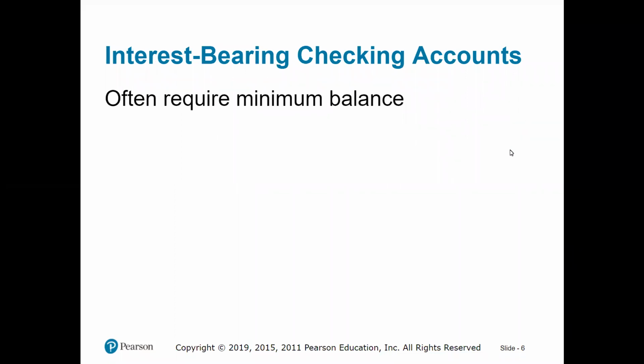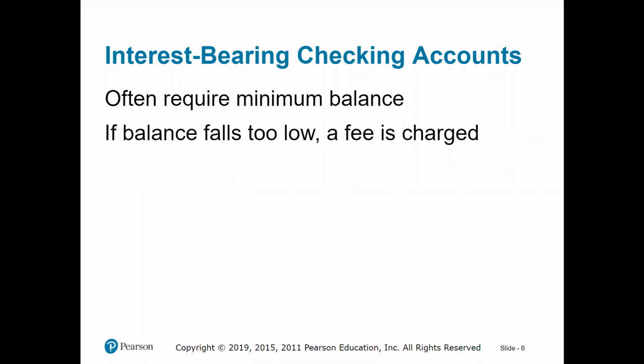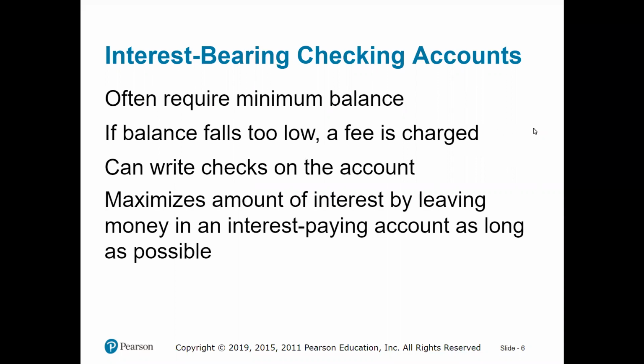If the balance falls too low, a fee can be charged. That does happen. Maximize the amount of interest by leaving money in an interest-paying account as long as possible.